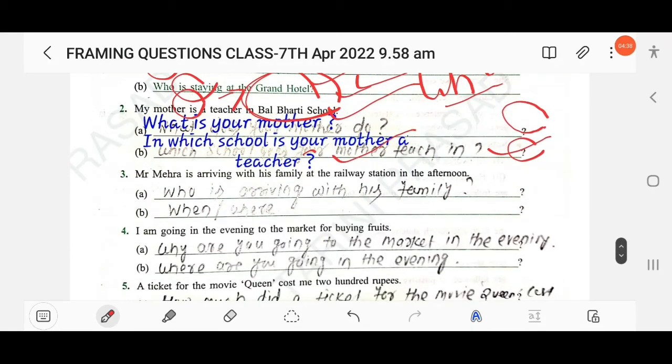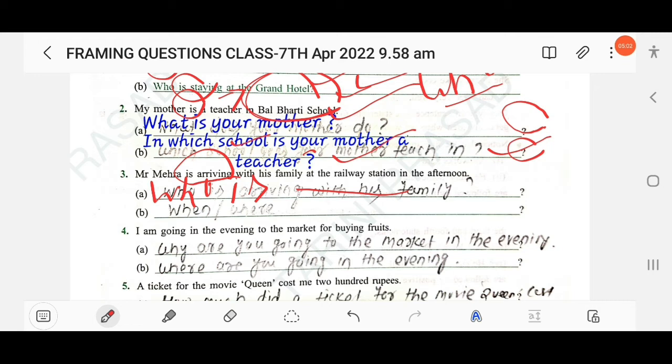The next: Mr. Mehra is arriving with his family at the railway station in the afternoon. Here present continuous tense is used, is arriving. So you can use: who is arriving with his family at the railway station? Or you can also write when or where. Both can be used here: who, when, where.